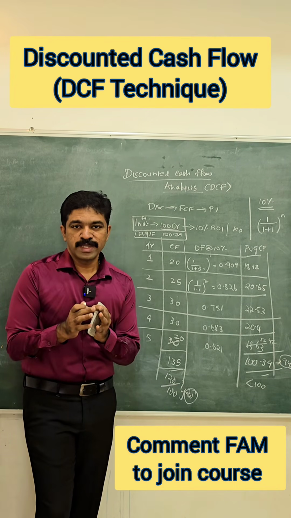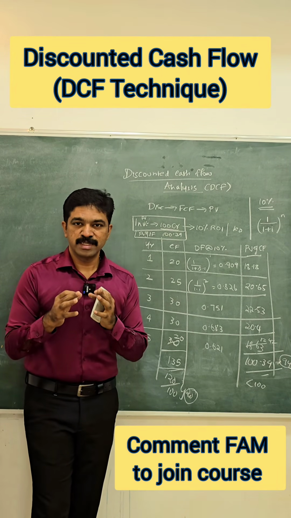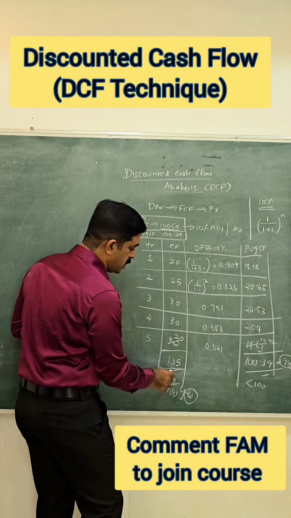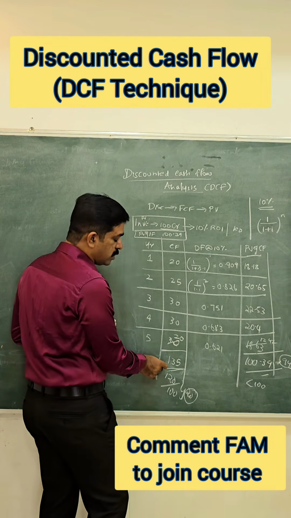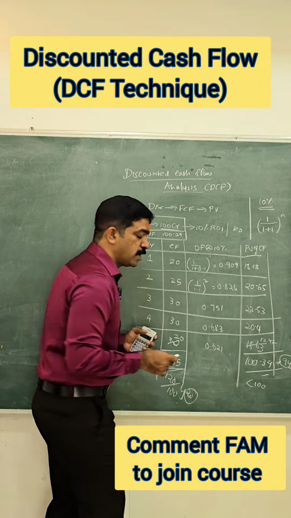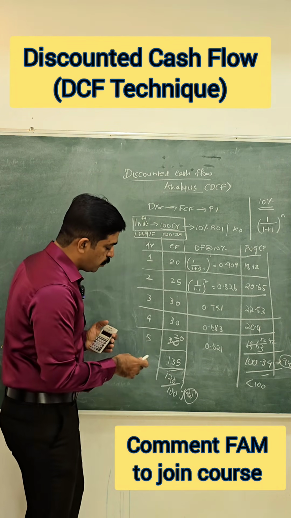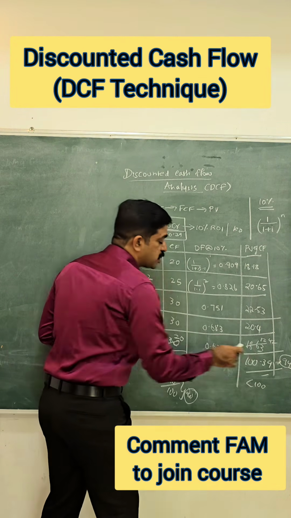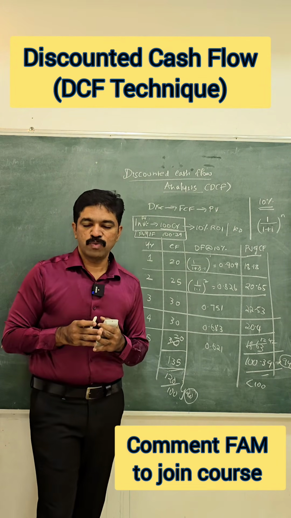So discounting helps you to understand the real worth of the future cash flows. Here, by discounting these cash flows, we understood that 135 crore is actually worth only 100 crore. And by discounting 120 crore, where we made the modification, we understood that its actual worth is only 94.18 crore.